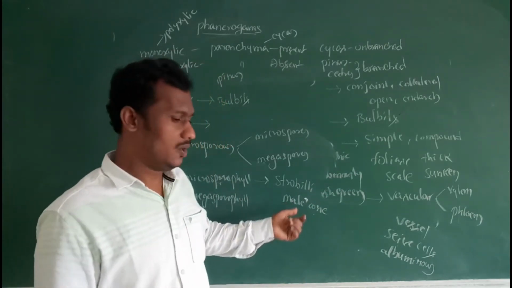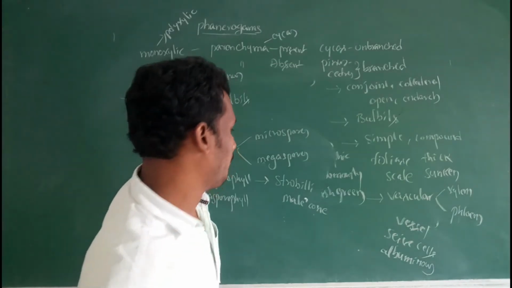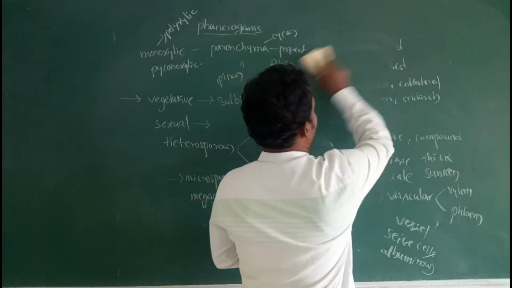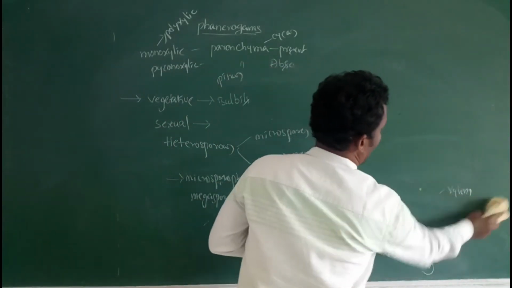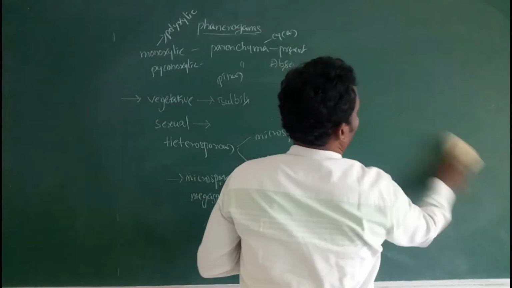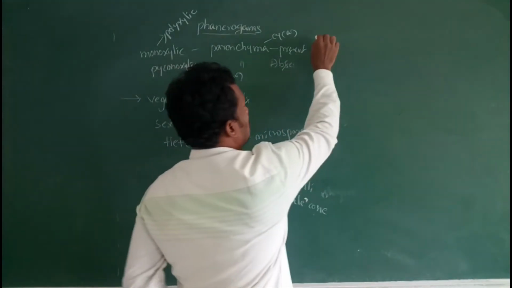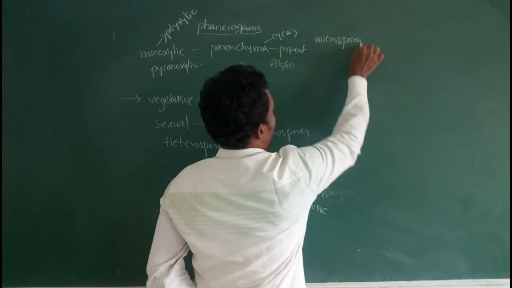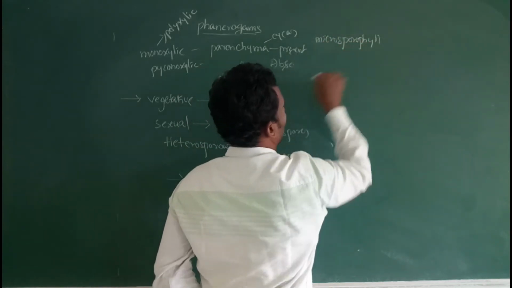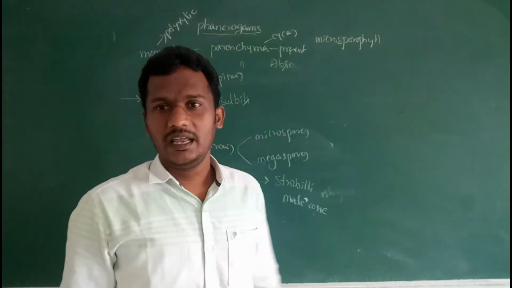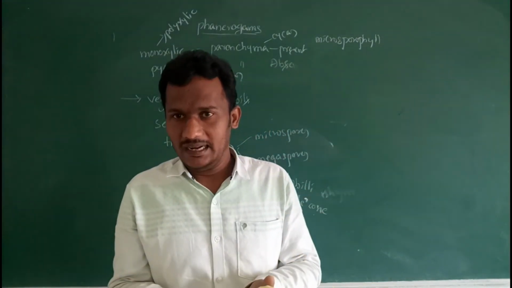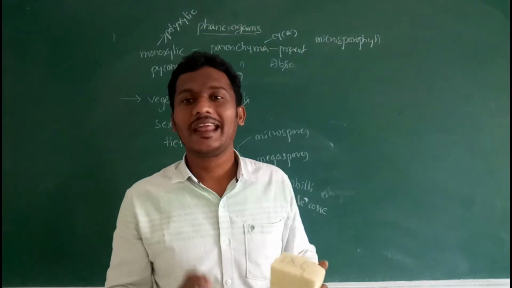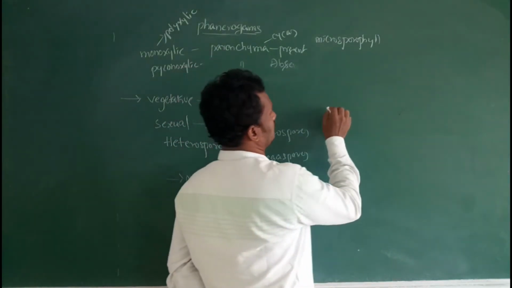So the male cone. Microsporophyll is generally flat, wedge-shaped and triangular.